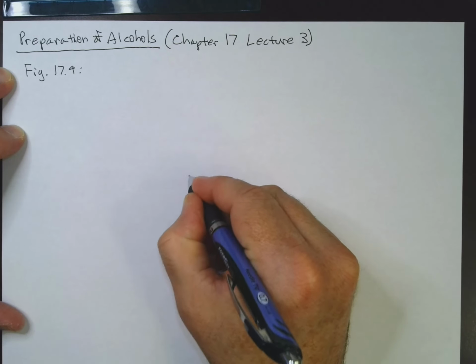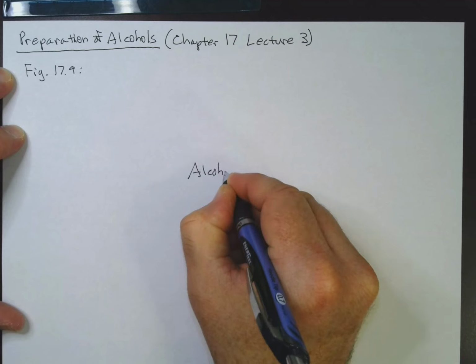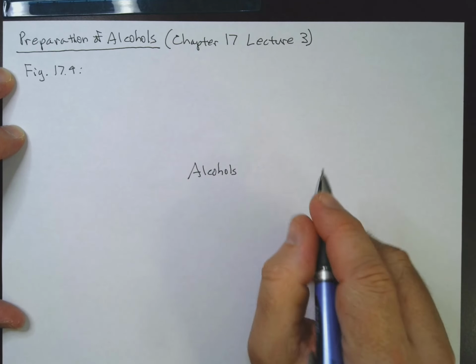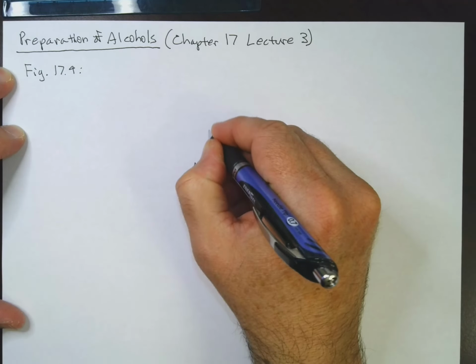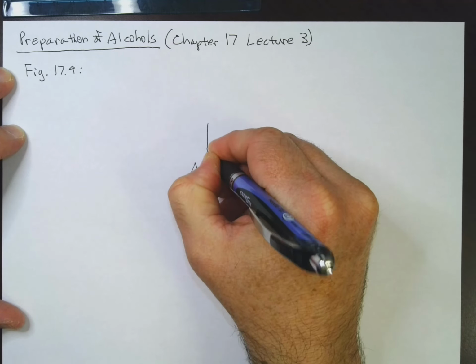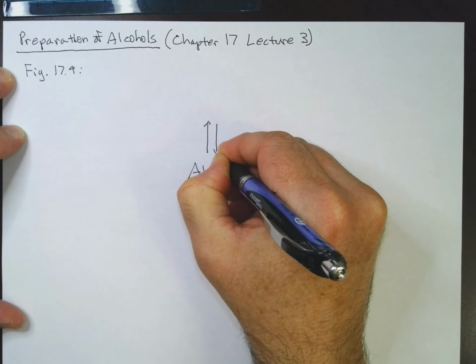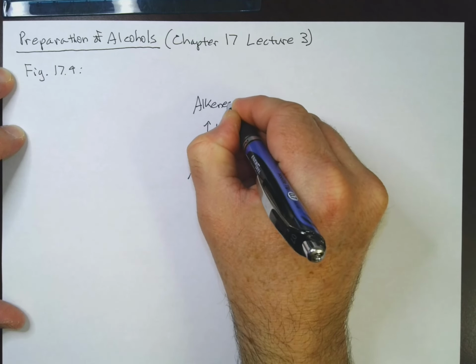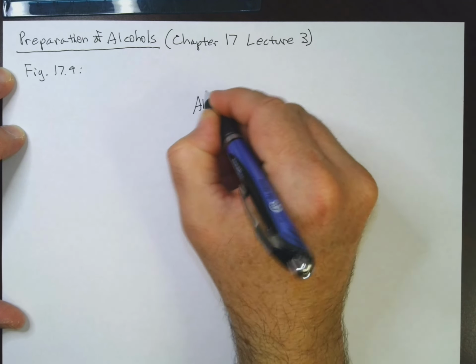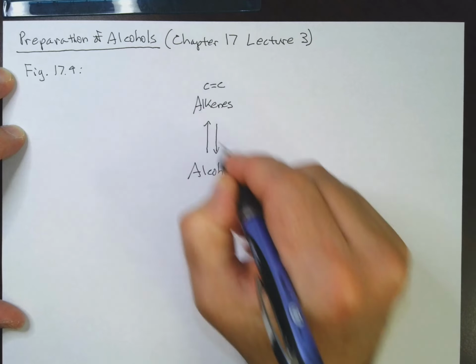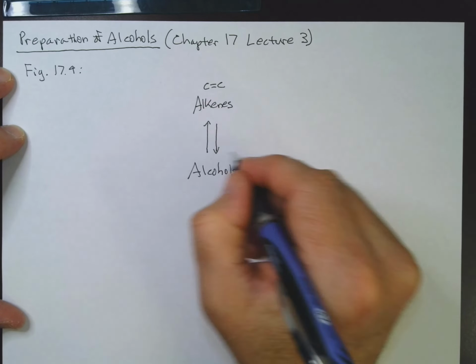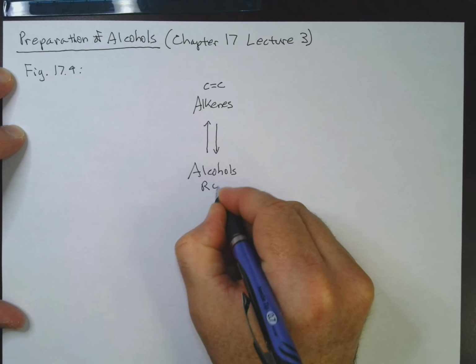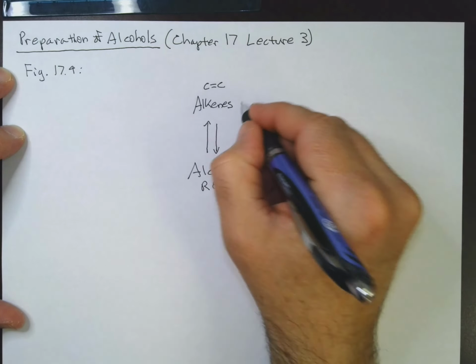We have alcohols in the middle. Now we've already seen ways to turn alcohols into alkenes, so C double bond C, and we'll call alcohol here ROH.